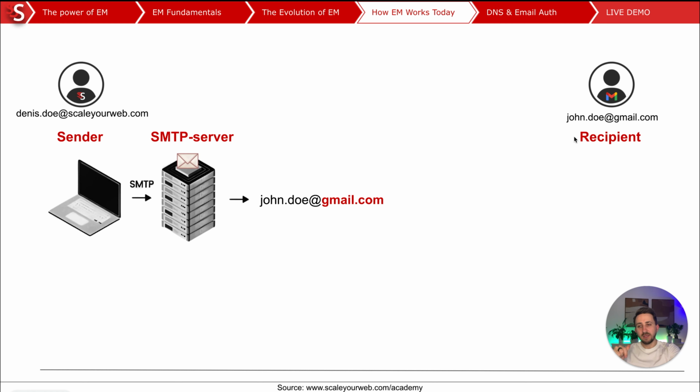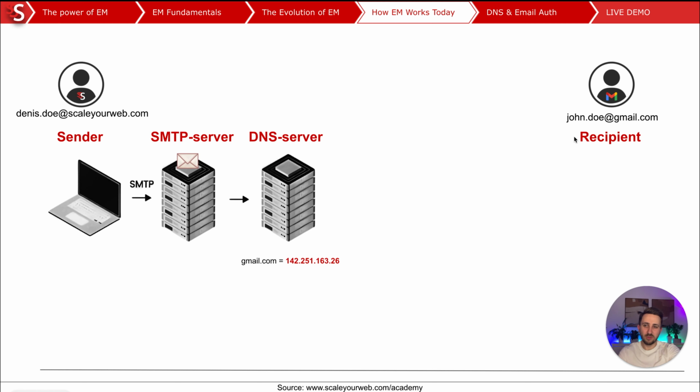So basically, servers, as we know, don't understand words, so the SMTP server doesn't know what gmail.com is. They understand only numbers. They need to find out the way to gmail.com. That's why they go to another server, which is called a DNS server, which is like a vocabulary. Gmail says, okay, we are Gmail, this is our IP in numeric format. So our server already knows where to send this email.